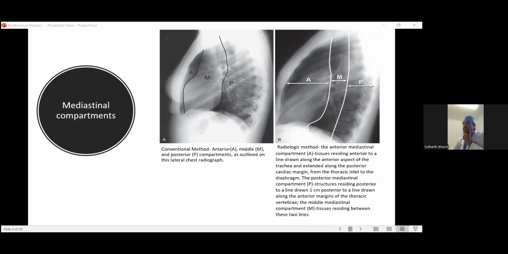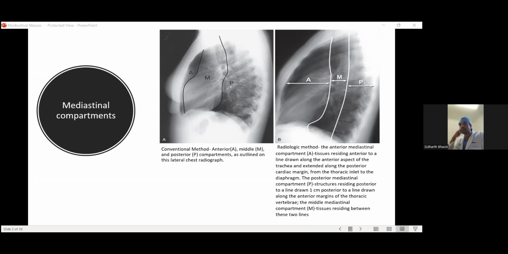But the division here is the anterior line. The anterior line is basically the line which extends from the trachea to the posterior border of the heart. Anything in front of it is anterior. Then there is one line which is 1 centimeter behind the anterior border of the thoracic vertebrae, and anything behind that is posterior.